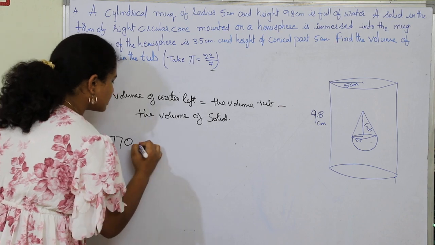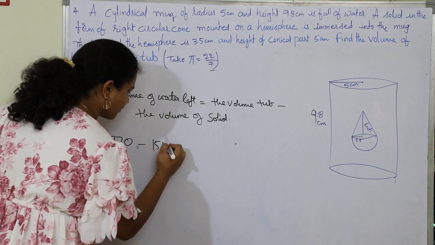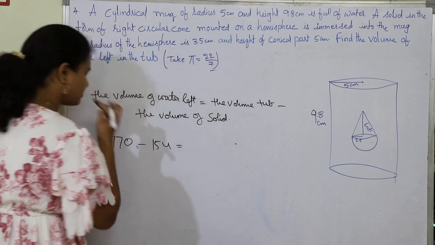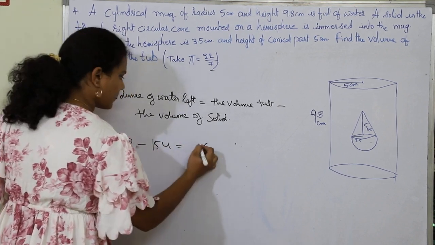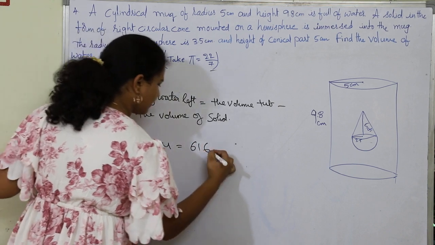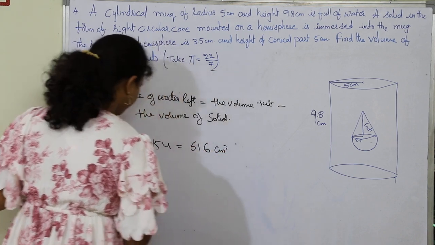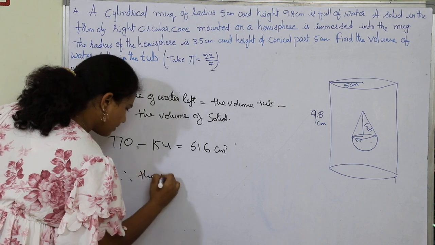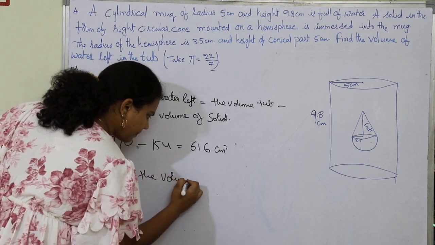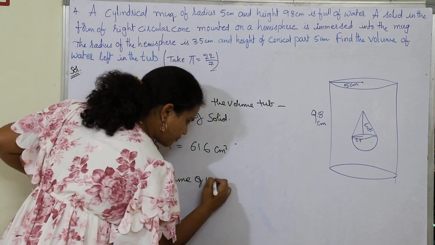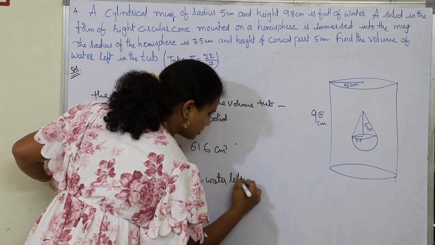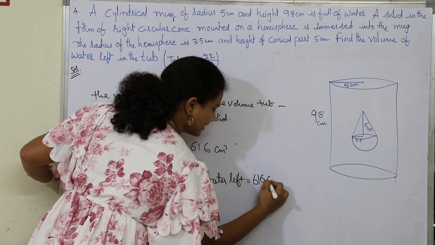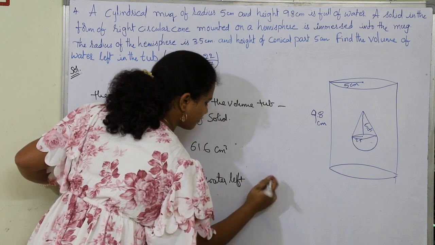So 770 minus the volume of solid, 154. Just subtract this, where we get 6, 1, 6. So therefore 616 centimeter cube. Therefore the volume of water left equals 616 centimeter cube.